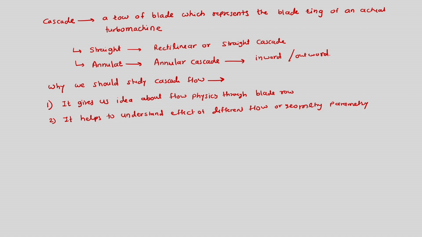We know that the flow variables are like velocity, density, viscosity, or there can be temperature as well. These flow variables can change as per the flow, and hence their effect on the turbo machine needs to be analyzed, and for that the flow through cascade helps.